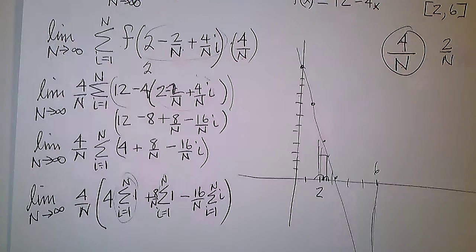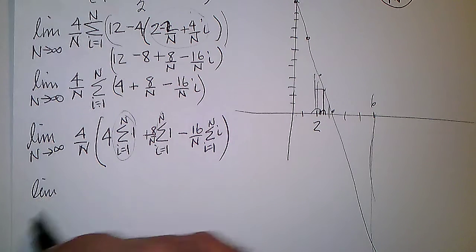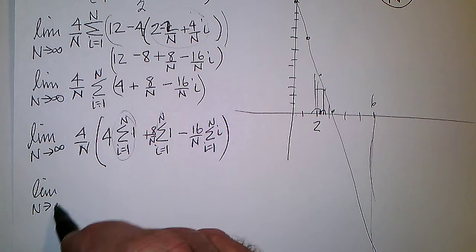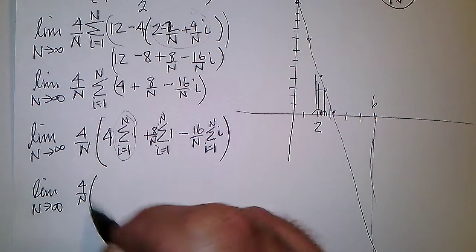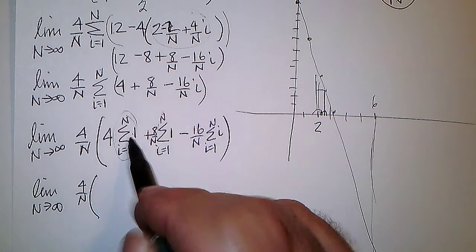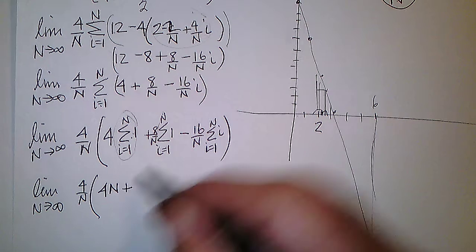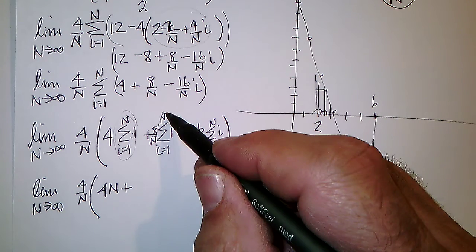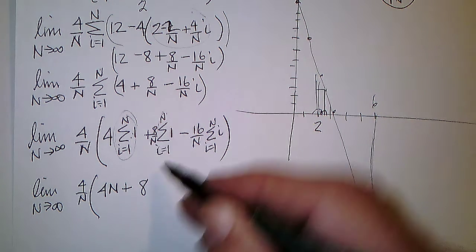So we get the limit as n goes to infinity of 4 over n times 4n plus this is n times 8 divided by n, so that's just going to be 8.